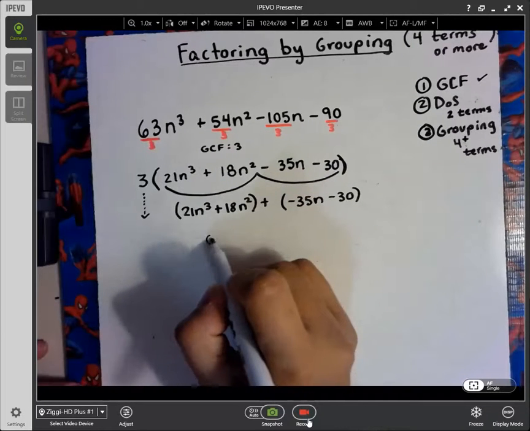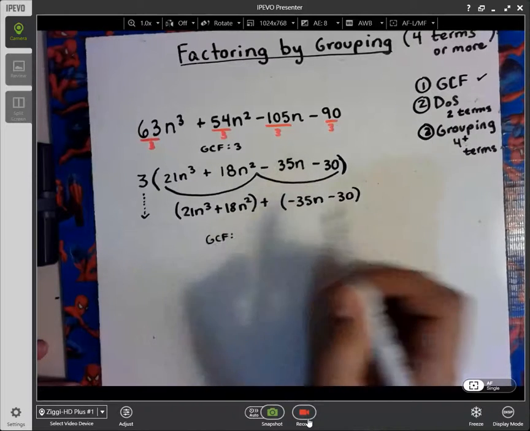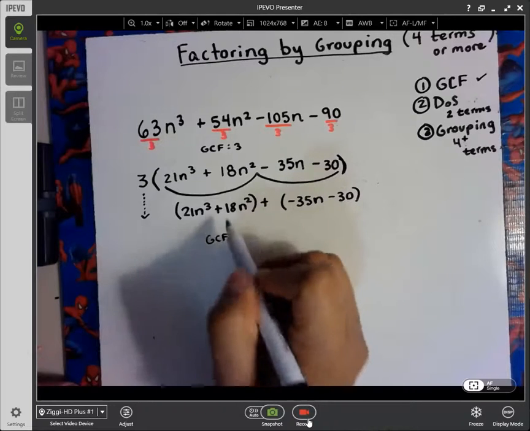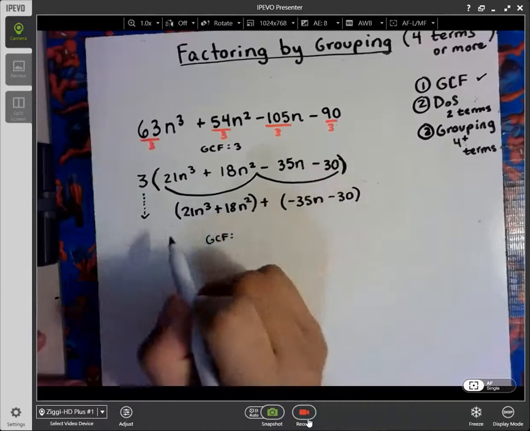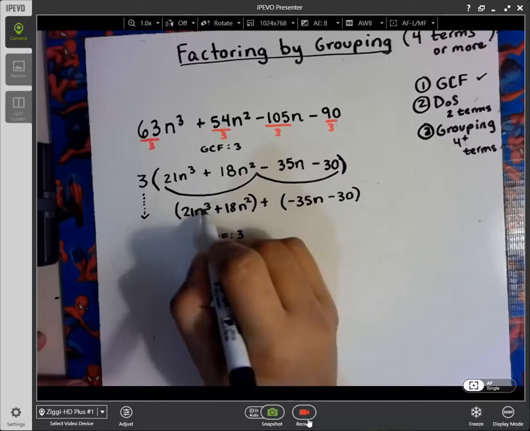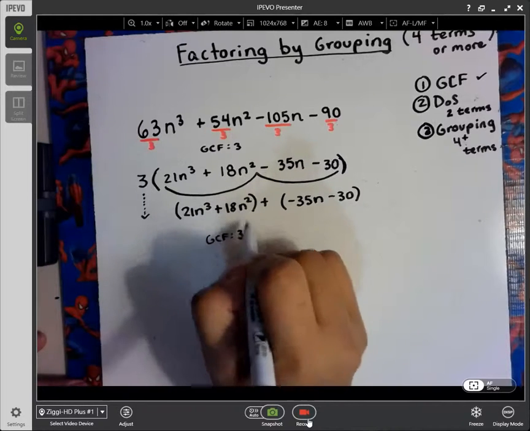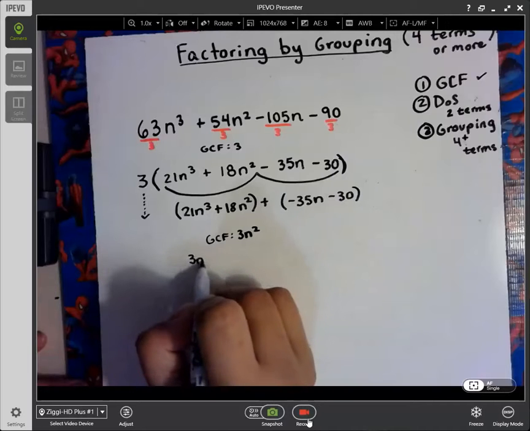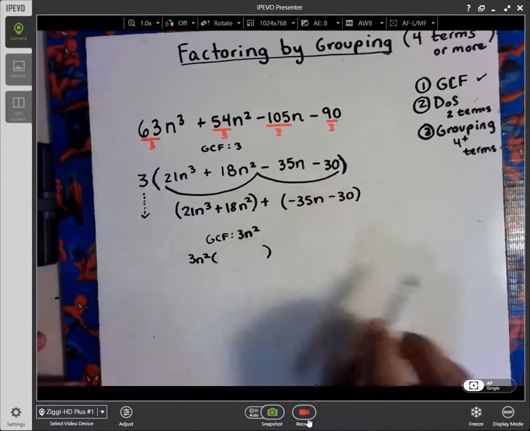Next, we need to do GCF. Between the 21 and the 18, we have 6 times 3, 7 times 3. I think the GCF here is going to be 3 between the n cubed and the n squared. So we pull out a 3n squared. We need to figure out those 2 terms.